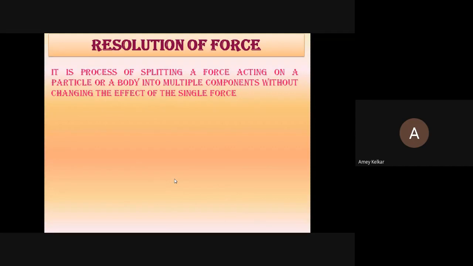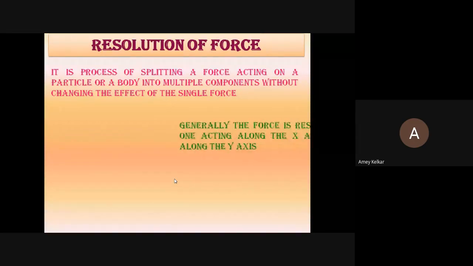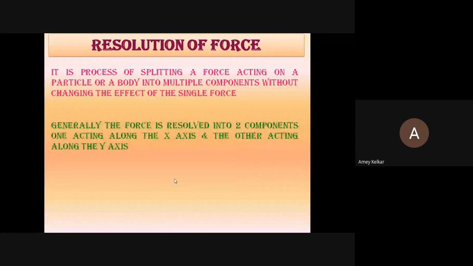Now, why we do this is, generally the force is resolved along two components, one along the x-axis and the other along the y-axis. If a force is inclined, and as we are familiar with the horizontal axis and vertical axis, which we have worked with for a long time, we can have a solution easily.